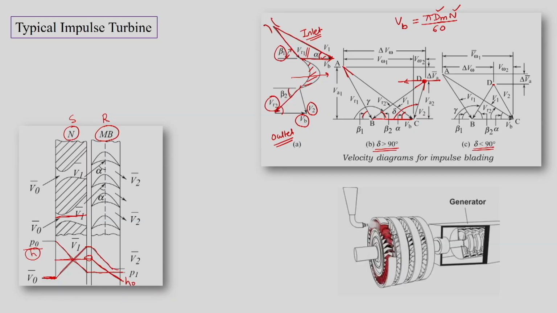Then we are more interested in something else: we are interested in finding out the torque or the power output. For finding out torque, we are more interested in the change in angular momentum of the stream of steam which is coming and leaving the rotor.